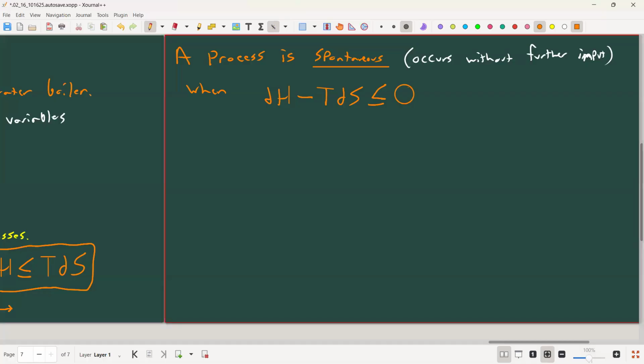Okay. So let's think about this in terms of water. It's not necessarily easy to visualize what this means until we start thinking about it with a little bit of numbers and some intuition. So let's go back to our boiling.